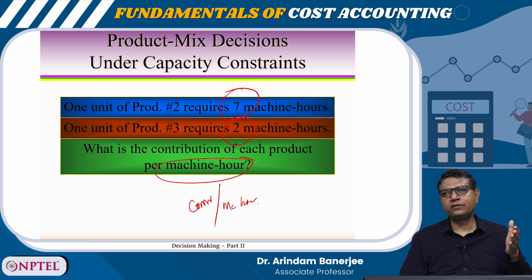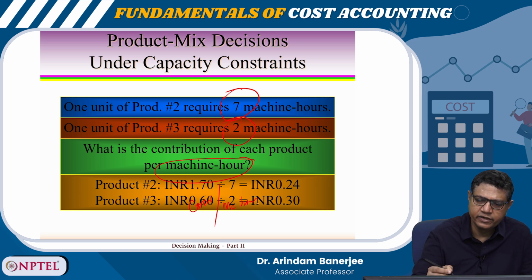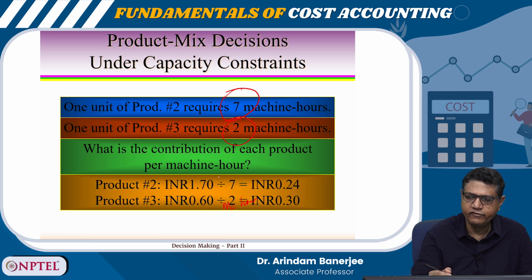The product which gives the higher contribution per unit of machine hour, I should give more preference rather than the other one. So if I calculate, it will look like this.